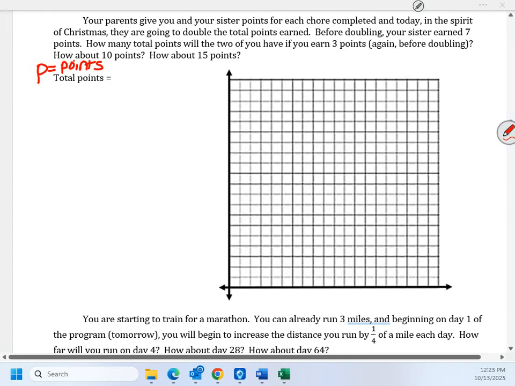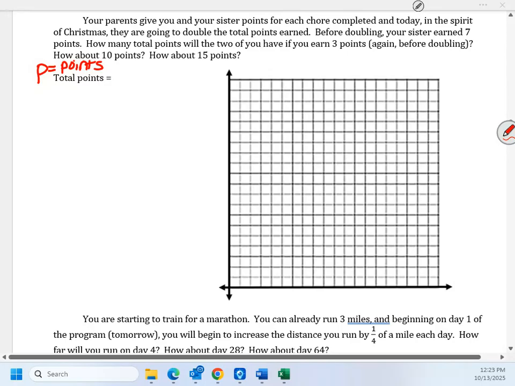What else do I know? What other information do I have? Joe? You have 3, you put on 3 points, 10 points. Yeah, we're going to be putting in those different point values for our variable of p.